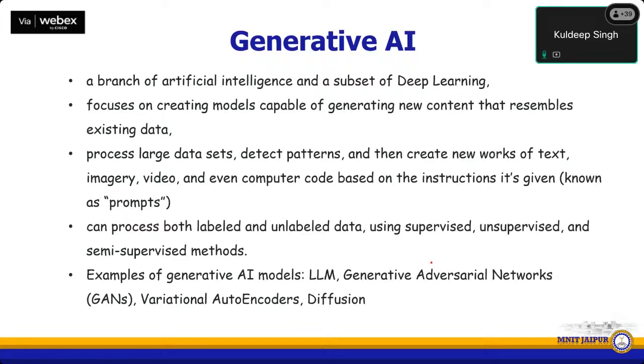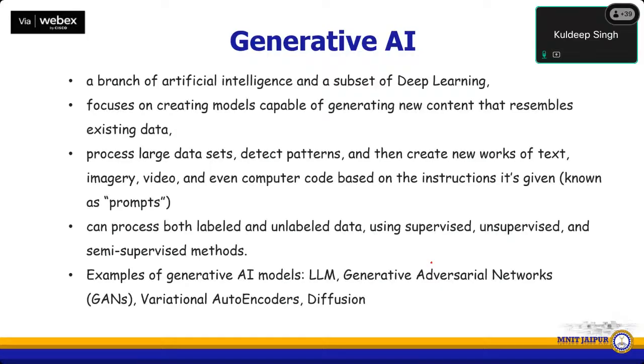Remember the first slide which we talked about? I gave a prompt that I have 101 fever and symptoms of cold, and based on that prompt the generative AI model generated suggestions. Now these generative models can process both labeled as well as unlabeled data.